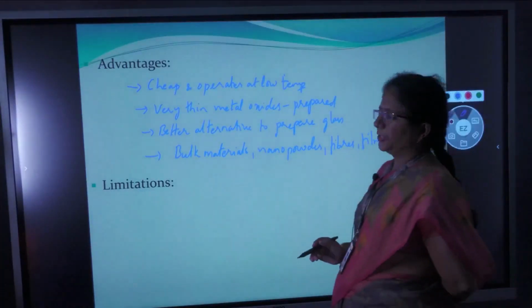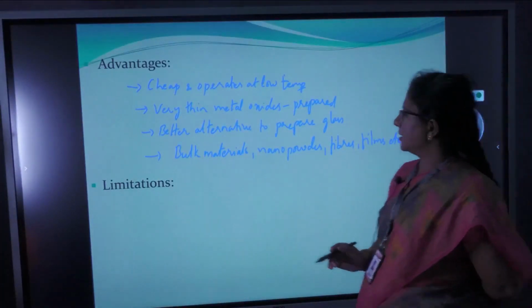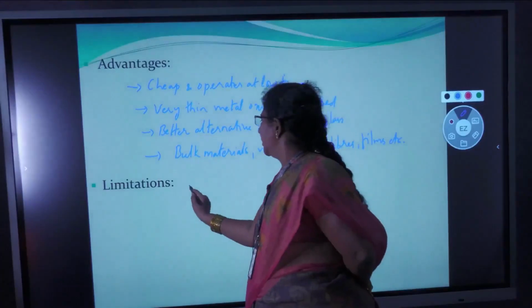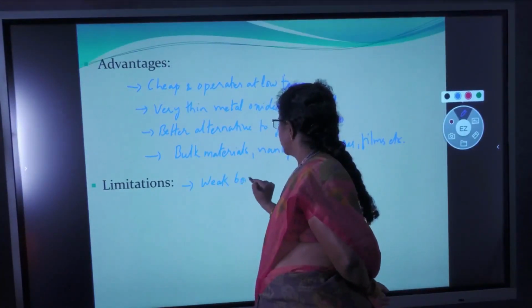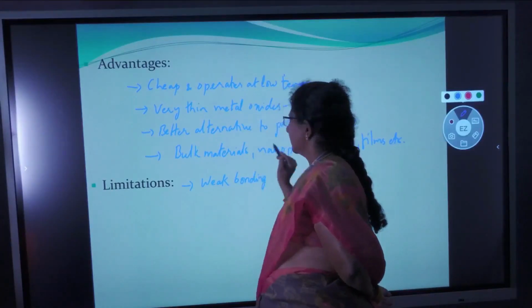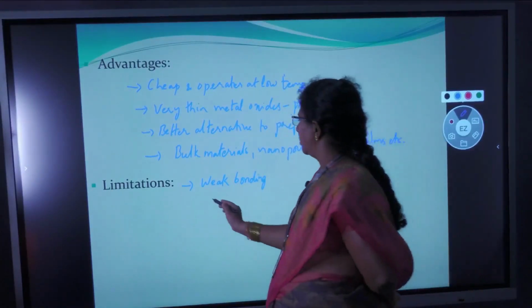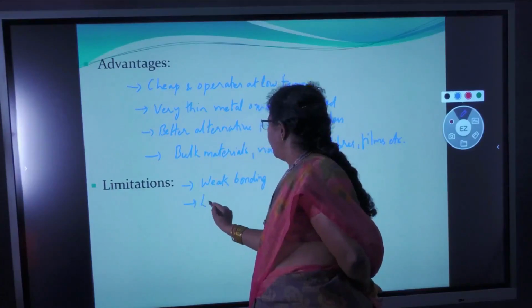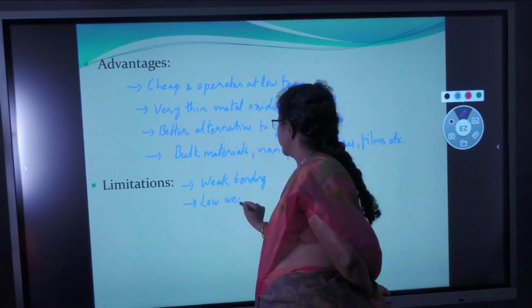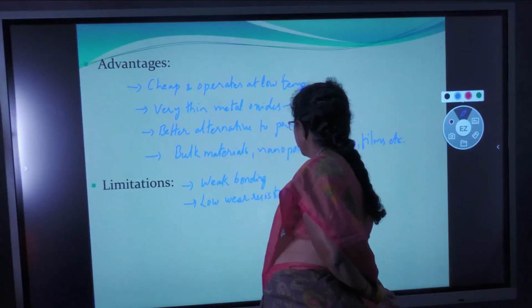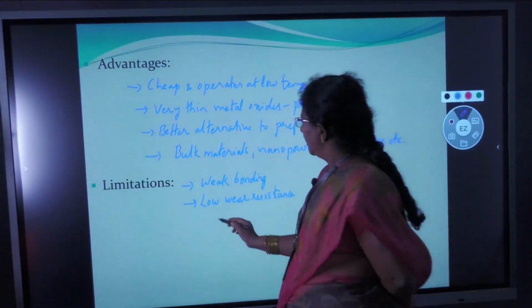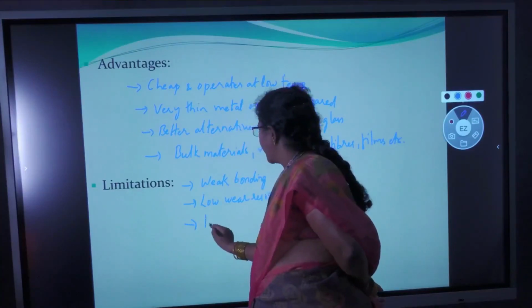Next, limitations. The limitations of this method are, here the bonding is very weak. Next, low wear resistance. High permeability.